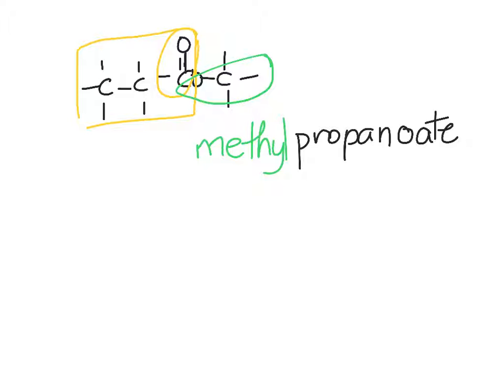Okay, try number 4. Find the C double bond O. How many carbons total? No, with the C double bond O side. 1.